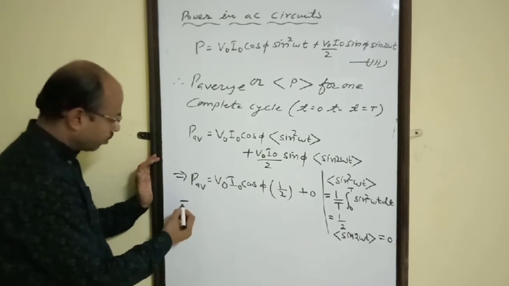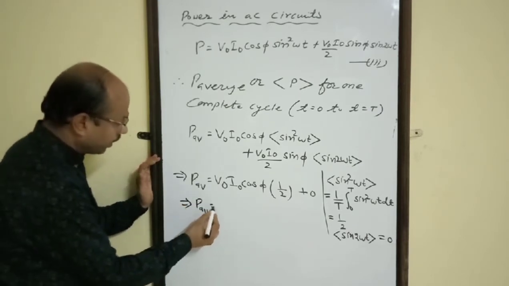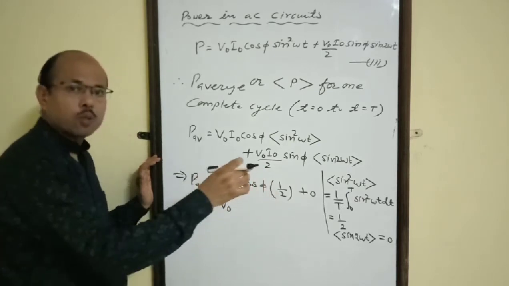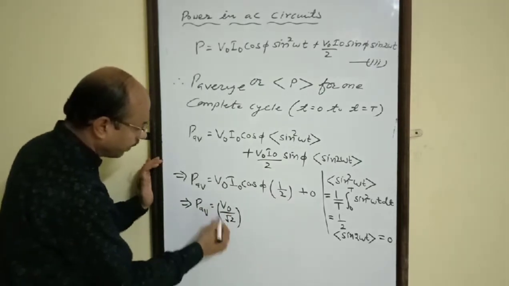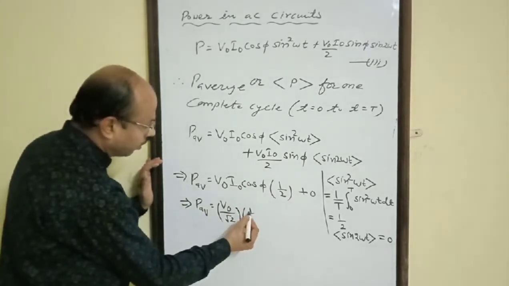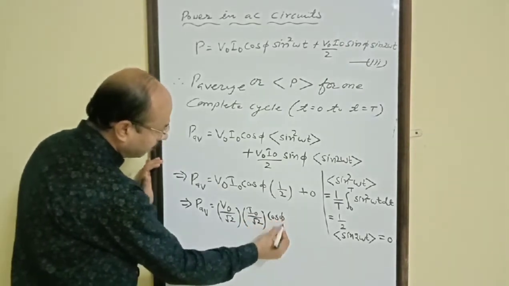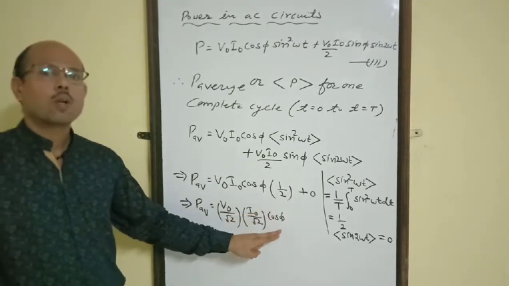Now we can also modify this relation slightly. P average can be written as V naught I naught by 2 cos phi, where this 2 can be divided into two factors, root 2 and root 2. Therefore, I am writing V naught by root 2, I naught by root 2, cos phi.